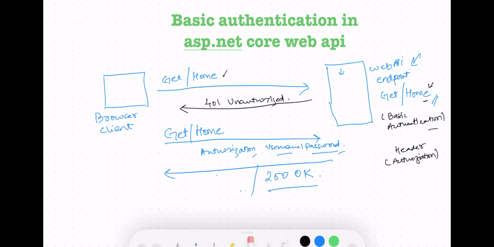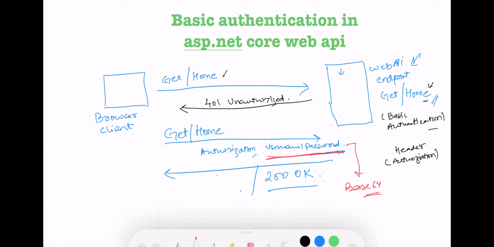One more thing to notice over here is, now you are sending your username and password, right? This is quite sensitive information, and you just do not want to pass it right away as it is in string format. So how it is actually passed is, you will encode it using base 64 encoding, so that when it is sent over the network, no one is able to see your plain string username and password.